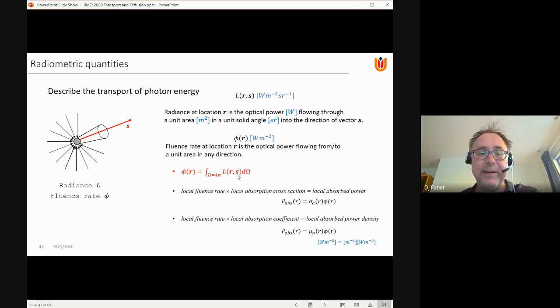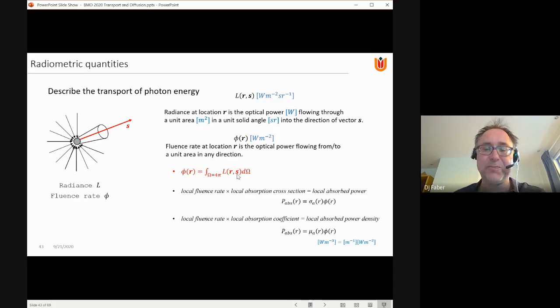And if we multiply the local fluence rate with the local absorption coefficient, mu a, we get the local absorbed power density. I just realized that the symbol on the left-hand side is not updated. I will do that later. But this gives us the absorbed power density.